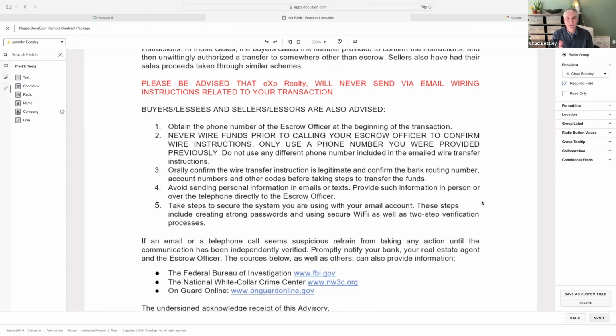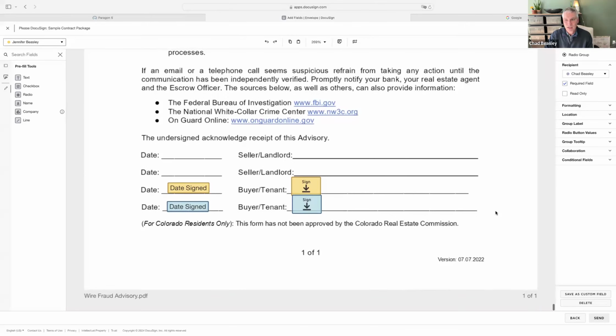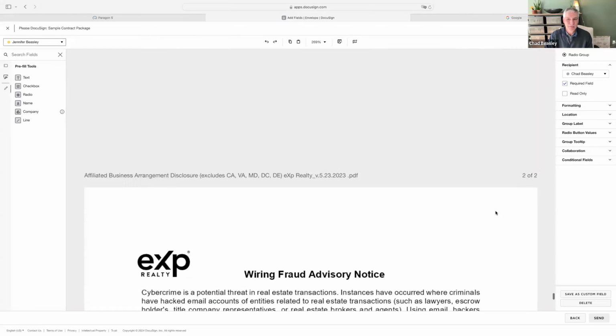And then when they go to the bank to have those funds wired, have the teller call the place it's being wired to and verify those wiring instructions again. So anyway, this is just a form covering our backsides saying, hey, we've told you, be really careful in wiring money for a transaction. And so that is pretty much it.